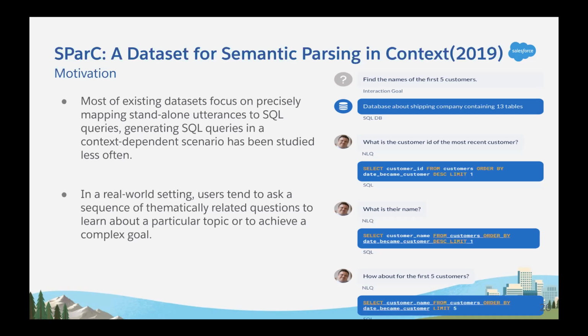We tell them, this is the data, this is the question, this is the SQL query. We need you to decompose this question into a sequence of simple questions, step by step. Each question depends on the previous question and their SQL queries. So we simulate this context scenario for text-to-SQL.